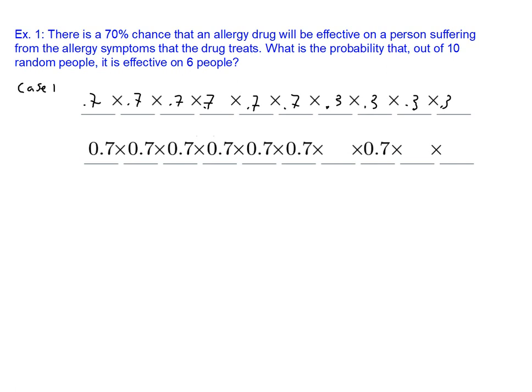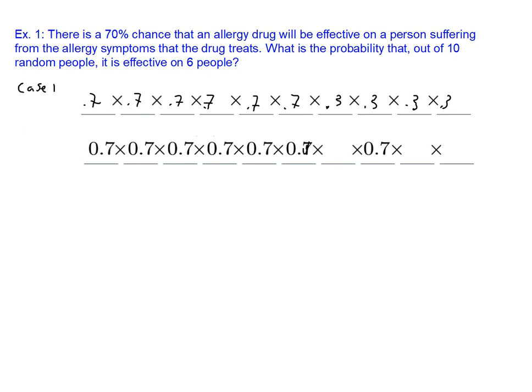Because we have all of the successes and all of the failures, we take all of the successes and multiply them together, and take all of the failures and multiply them together as well. That's just one situation, though, where all of the successes came first and all of the failures come later. I just realized that I've got an extra 0.7 in here because I only have 3 blanks.